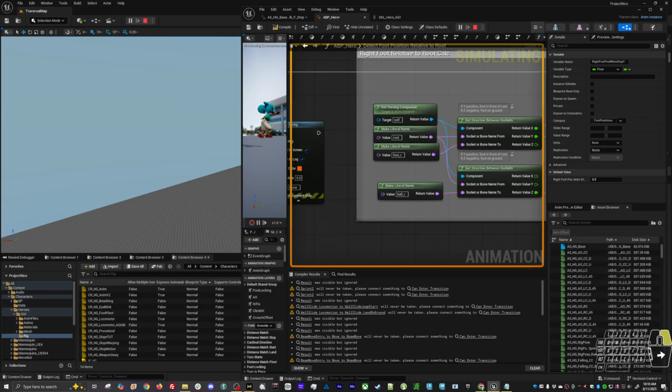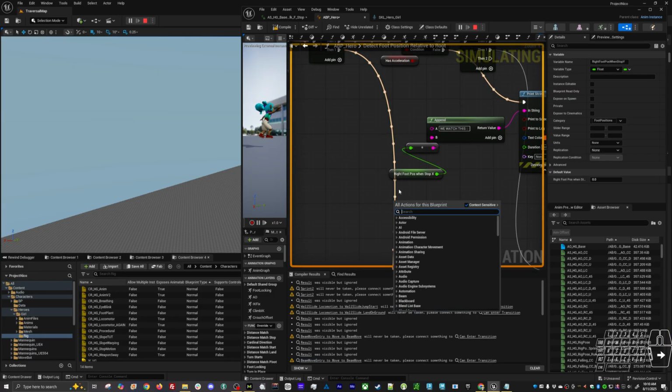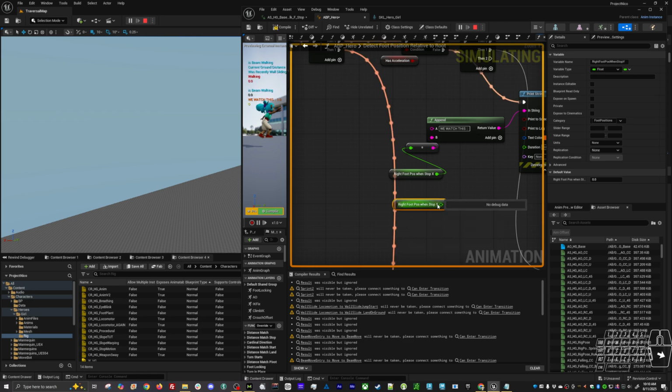So let's look at that one. Right foot front, right foot stop Y. There we are. Let's compile that.